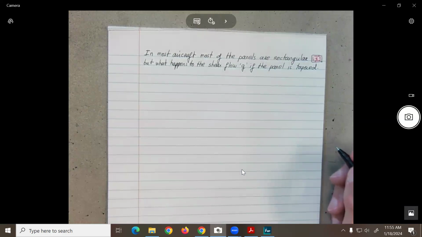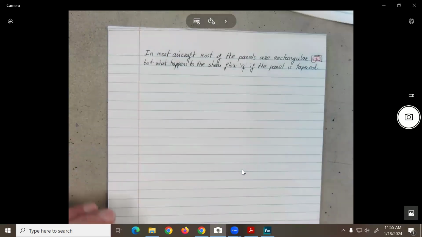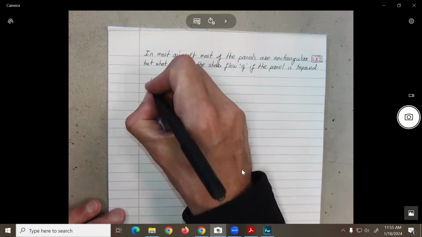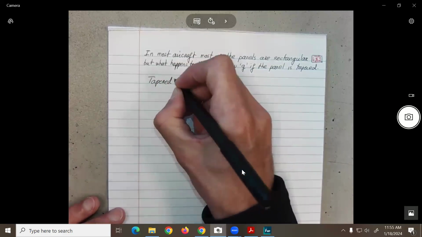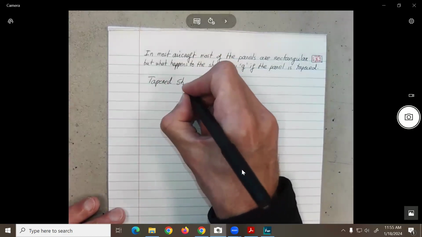Okay, so that's actually a lot of work for not too much, this stuff of the tapered panels, but let's just do it. Wow, not that bad. So let's look at tapered shear panels.